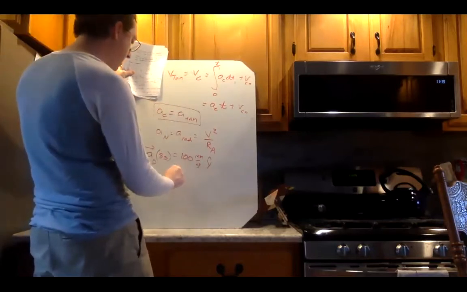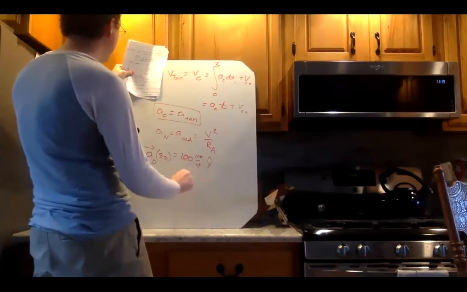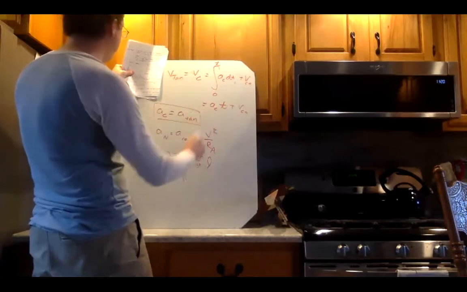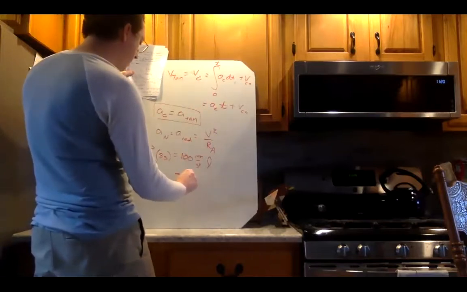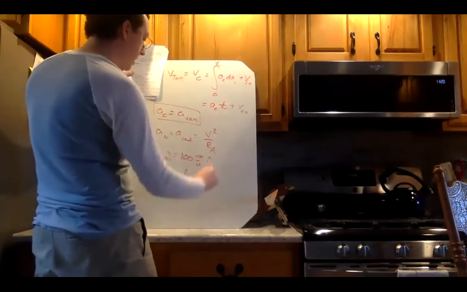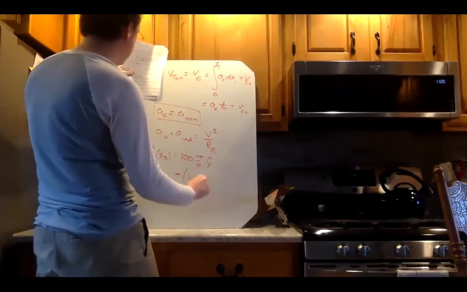So I'm going to get minus, and I'm just going to get v squared over r, and this is my formula for v. So that's going to be 100 times time, which is 8 seconds.